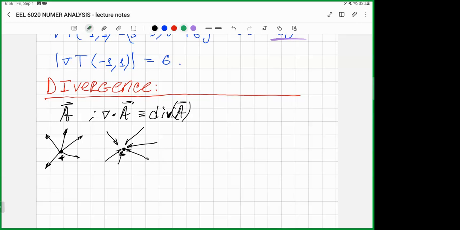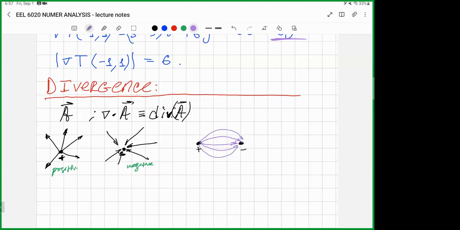So this is a positive, and this is a negative source. And of course, if I have more charges, like 2 charges, for example, plus and minus, then these lines would be arranged like this.